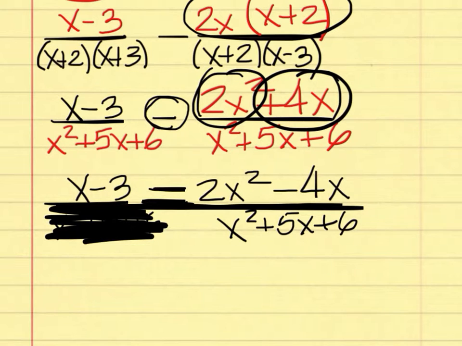What's the first thing that I would put down, Woodrow? Negative 2x squared. That's right. Negative 2x squared is right. That's the first thing you would put down.